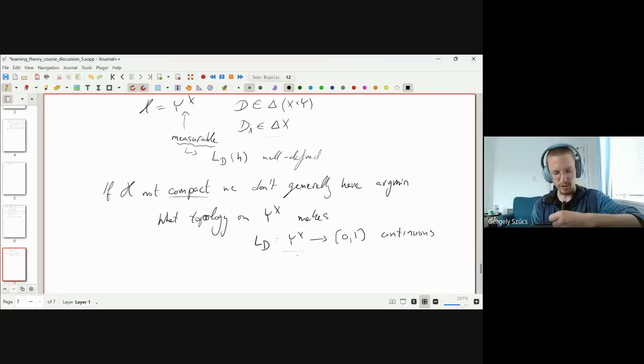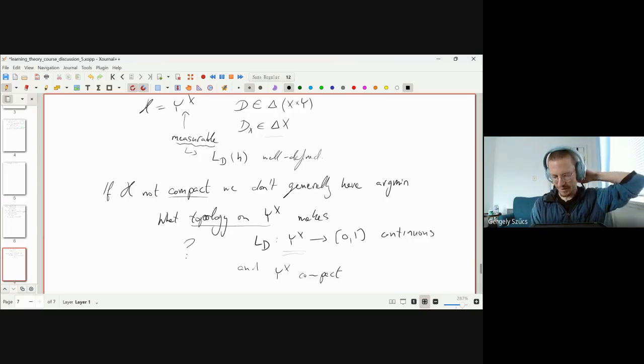I think you can put a topology on the function space, and then the question is what topology to put on the function space that makes this continuous and maybe makes Y to the X compact. So that's a question of whether there is such a topology, because if there is one, then you can say that there is an argmin.